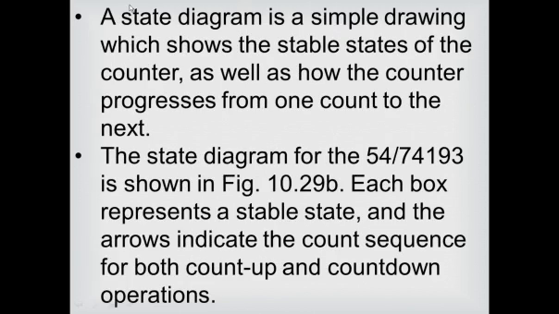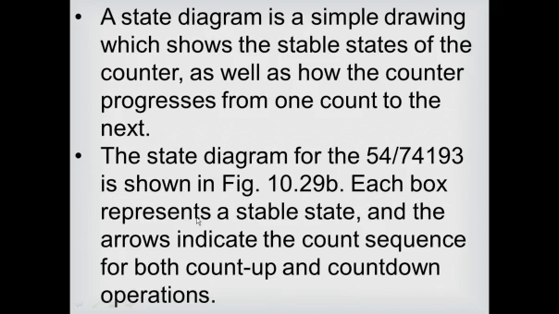A state diagram is a simple drawing which shows the stable states of the counter as well as how the counter progresses from one count to the next. The state diagram for the 54/74193 is shown in figure 10.29b.